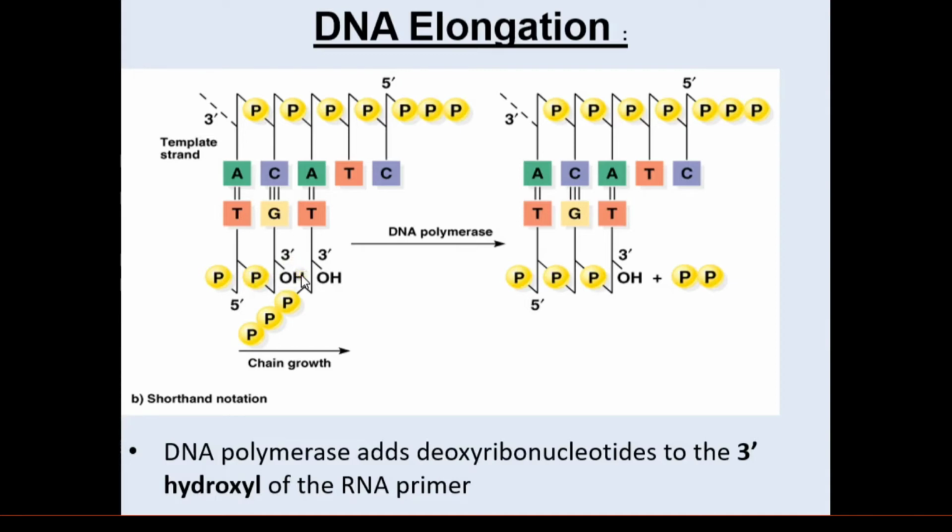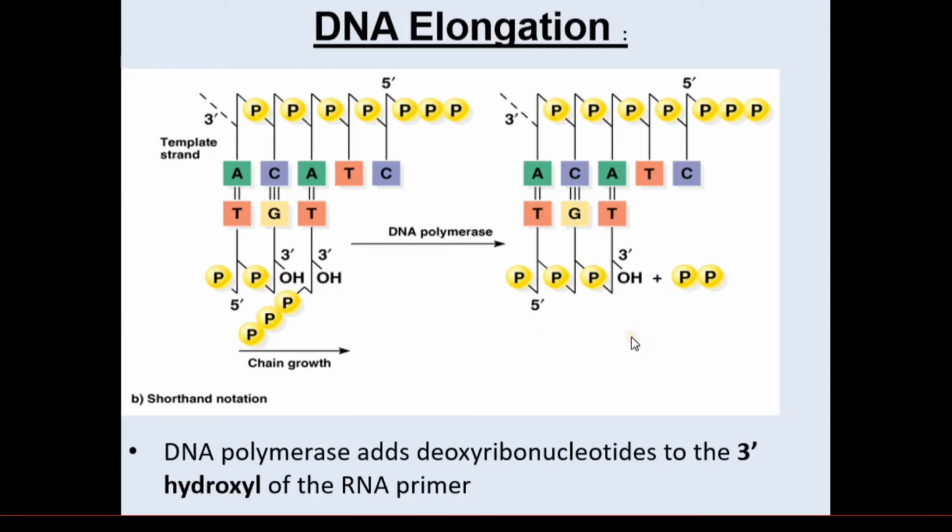At this 3' hydroxyl group, a phosphodiester bond is formed between the 3' end of the primer and the 5' phosphate of the incoming deoxynucleoside 5' triphosphate. Pyrophosphate is released in this direction, and in this way DNA polymerase adds the deoxyribonucleotides, forms phosphodiester linkages, and chain elongation occurs.